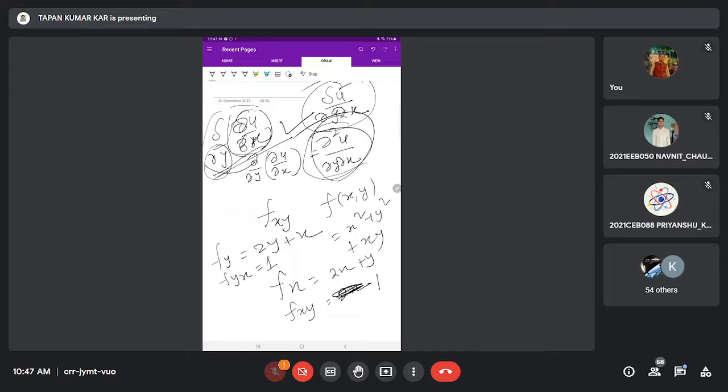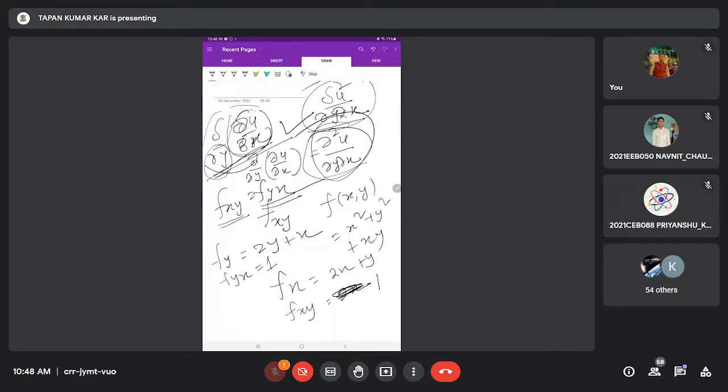It does not matter which you write, but remember that in many problems we have assumed fxy equals fyx, because otherwise the answer will not come. In that case we are assuming fx and fy are continuous. But still, it is not general.